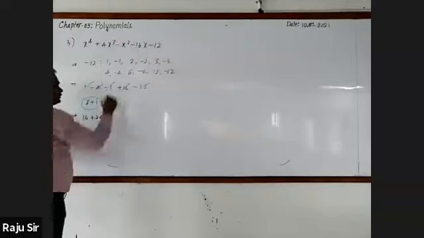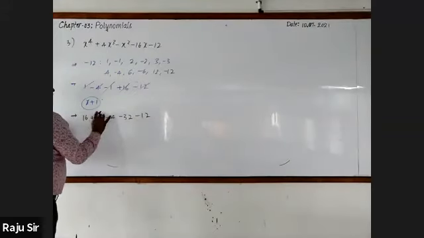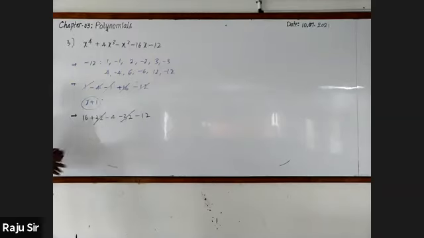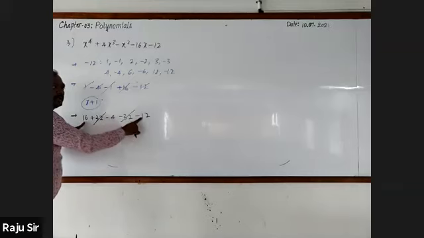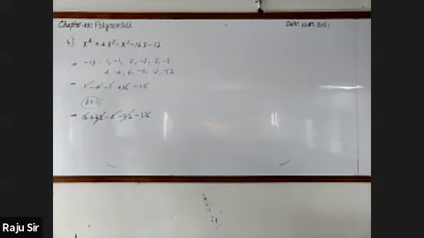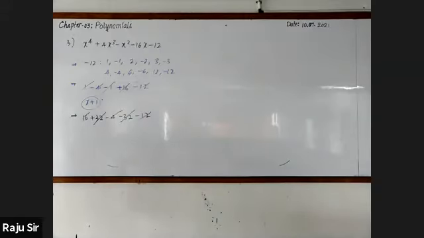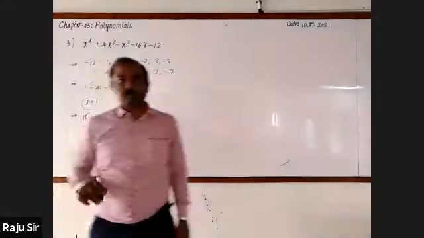Next, 2 whole square is 4, so minus 4, and 16 times 2 is 32, minus 12. 32 minus 32 get cancelled, 16 minus 16 get cancelled. You get 0. So another factor is x minus 2. We got the second factor.